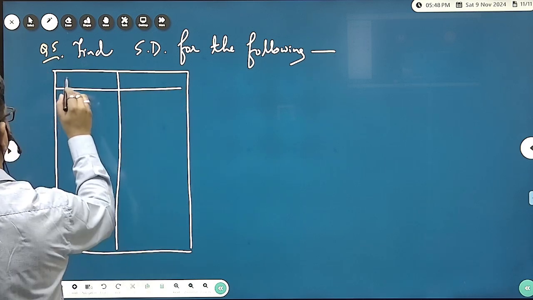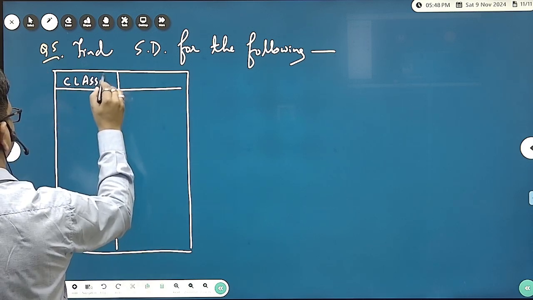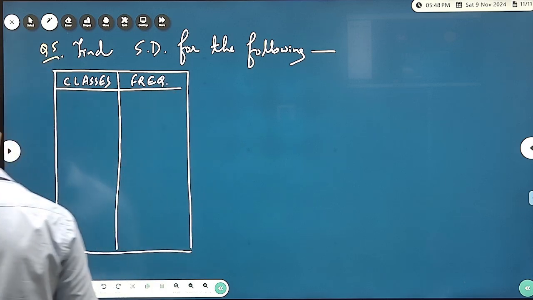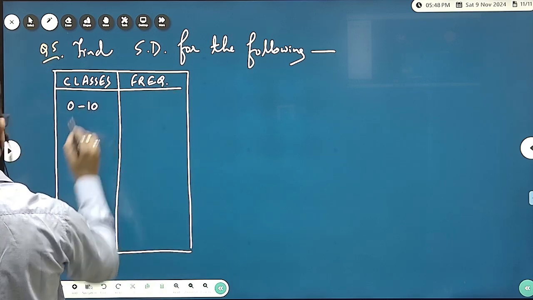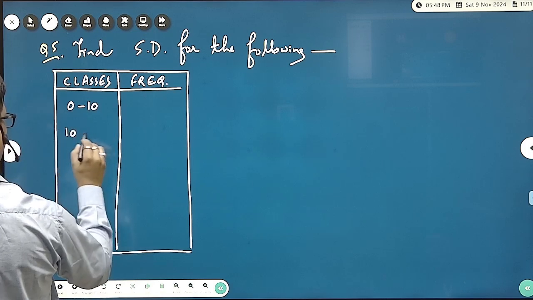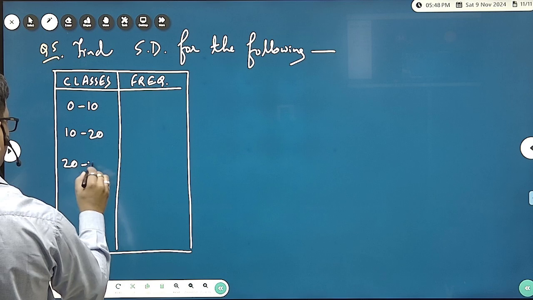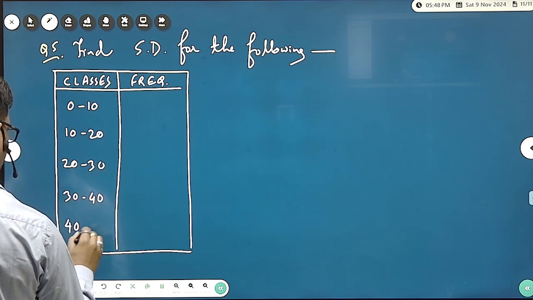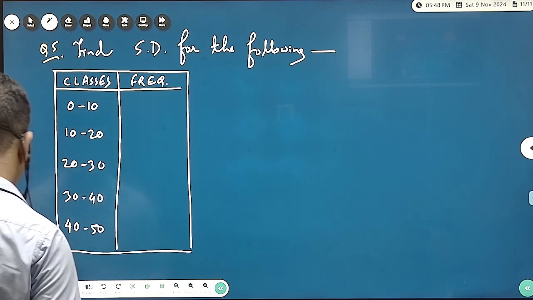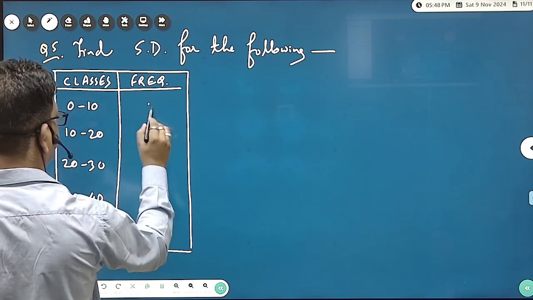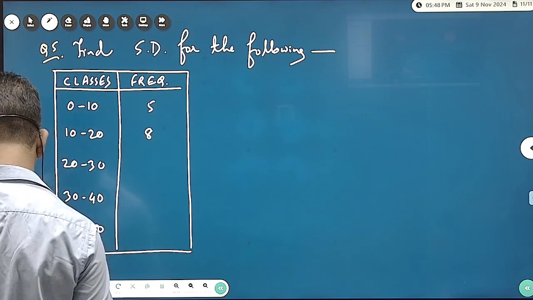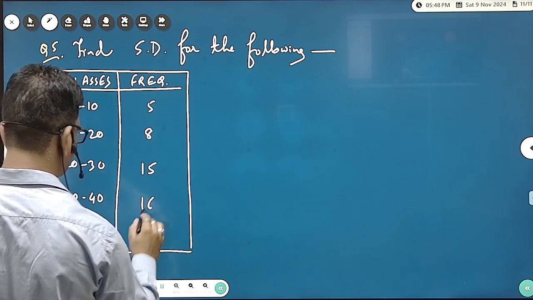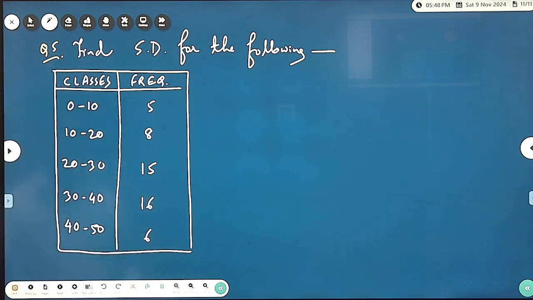These are the classes and these are the frequencies. The classes are 0 to 10, 10 to 20, 20 to 30, 30 to 40, and 40 to 50. Suppose the frequencies are 5, 8, 15, 16, and 6.